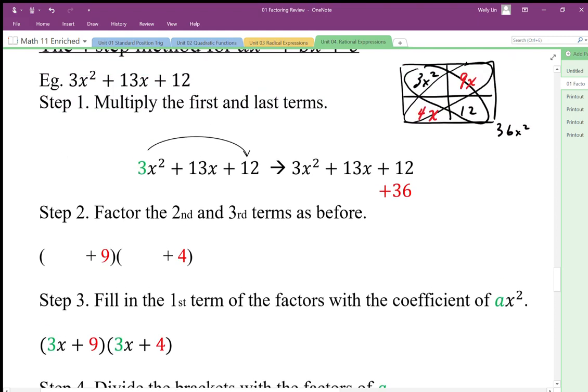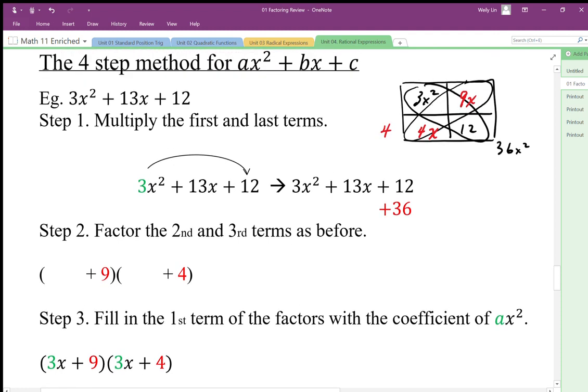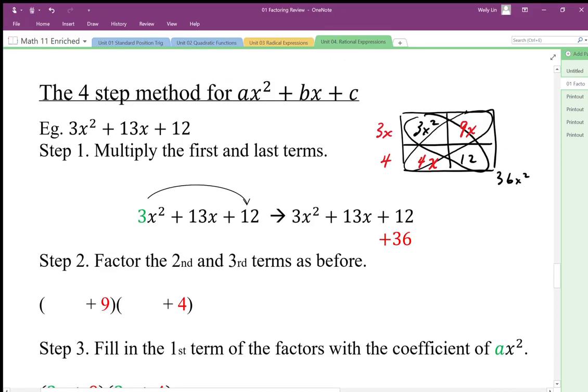It might be a little bit easier to follow the grid. We just take out the factor of 4 here, because one of these factors is going to be divisible by 3 and one not, and we take out the factor. This is going to be our 3x here, okay, and then we have our x here and our 3 here.